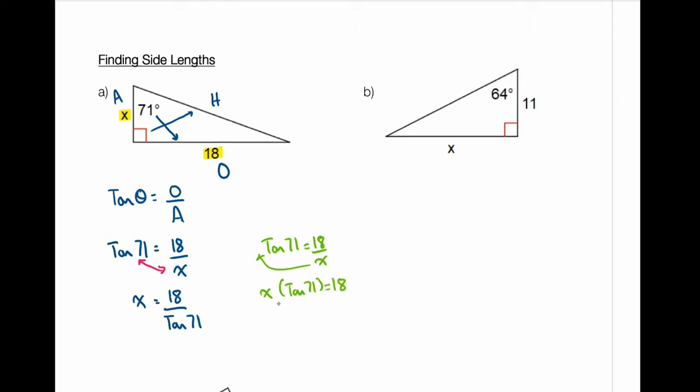But to get x by itself, I need to move the tan 71 over, so it becomes division, and I get x equals 18 divided by tan 71. So again, the quick way of doing this to avoid that back and forth of rearranging is to just switch the two, or have them switch spots. But that's just the reasoning, or the math, behind that.